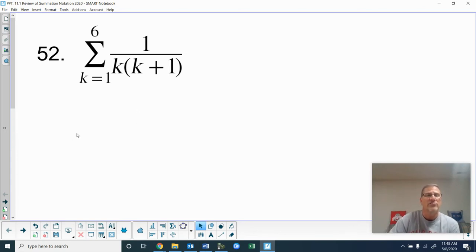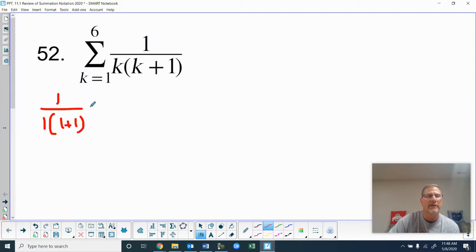All right, so when k is 1, I'm going to put the 1 in. So 1 will always be in the top. Then it's going to be 1 times 1 plus 1, which is 1 times 2. So that's 1 over 2.